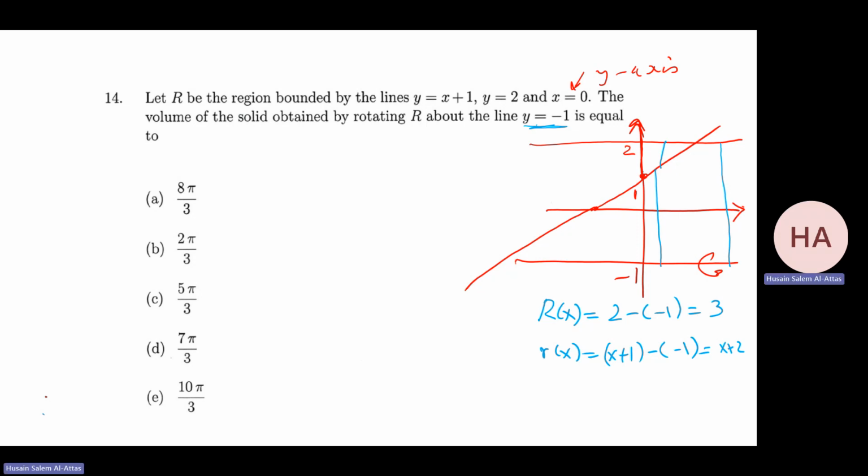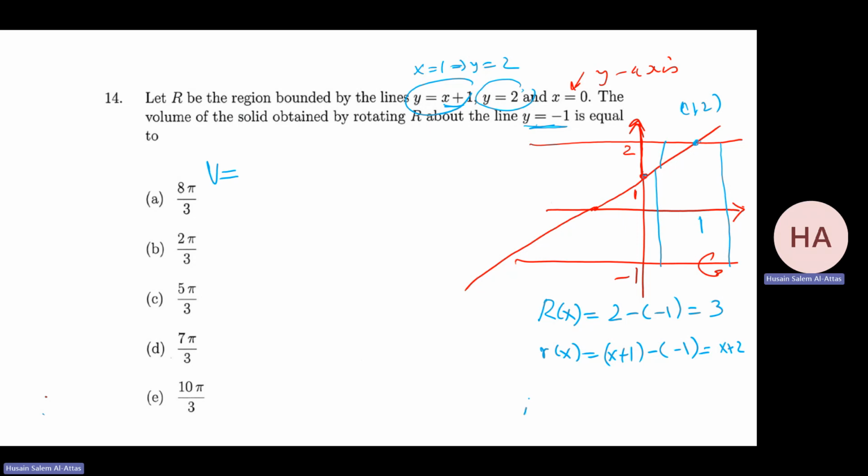Okay, and from where to where? I want x equals 1. At x equals 1, y equals 2. That's the point of intersection between these two functions, which is very clear: this point, which is (1, 2). So I have the integral.